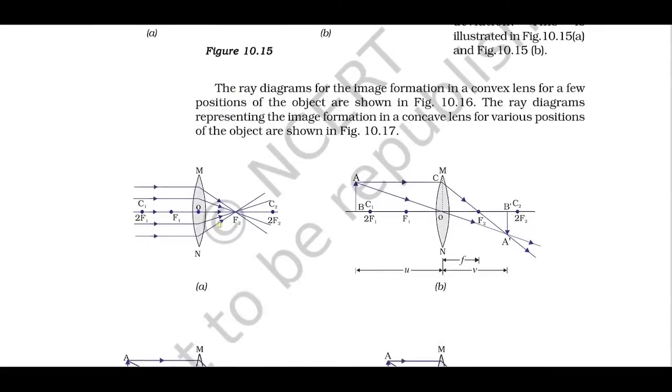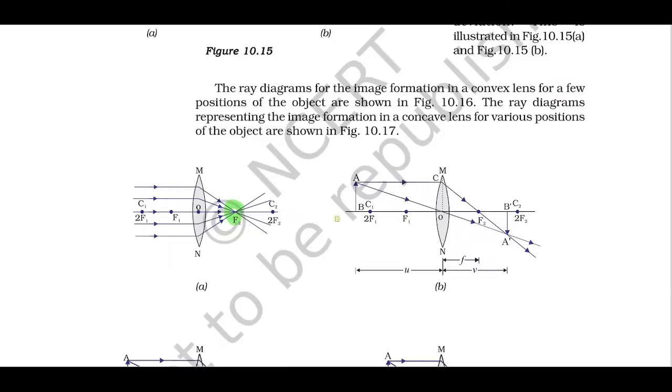lens. Here you have the ray diagrams for a convex lens. If the object is at infinity, the image is formed at the principal focus. The nature of the image is highly diminished, point size, real and inverted.